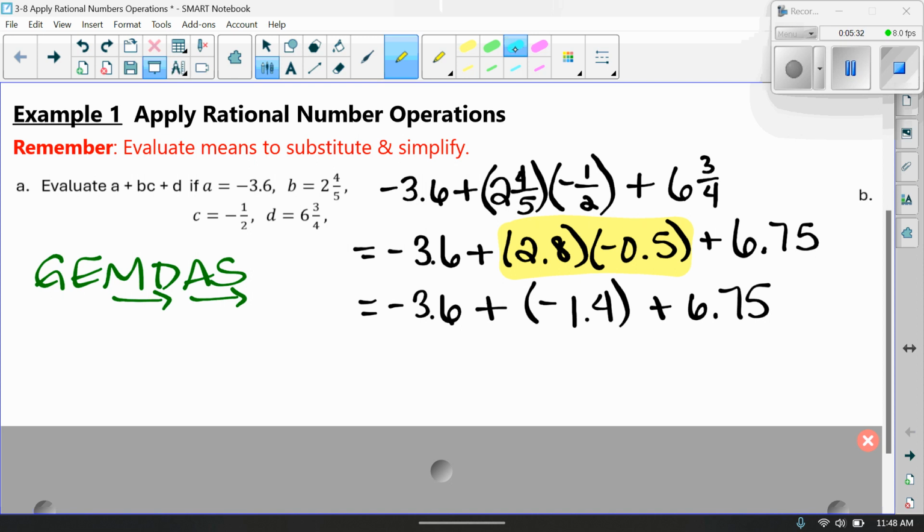Or we can put our negatives together. Okay, so in this case, it's either way. We're putting those two together or we're doing left and right. That's the same thing. So here we've got a negative 3.6 plus a negative 1.4. Negative plus a negative is going to give me a negative.